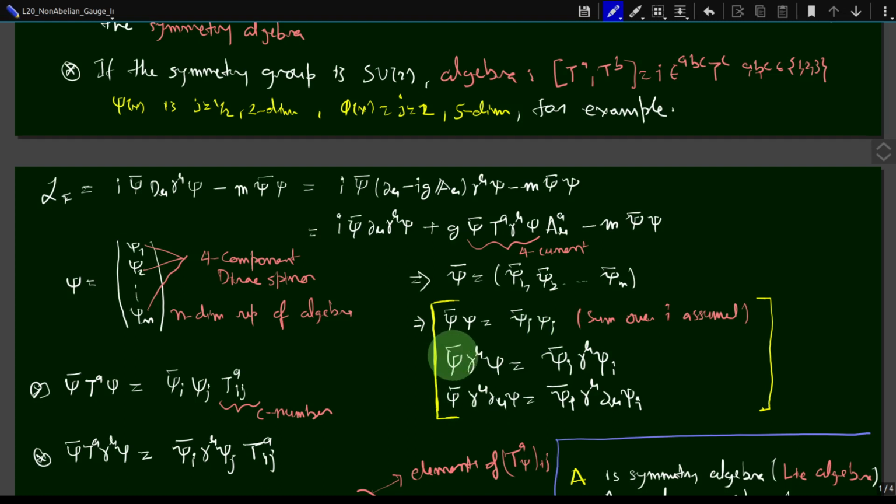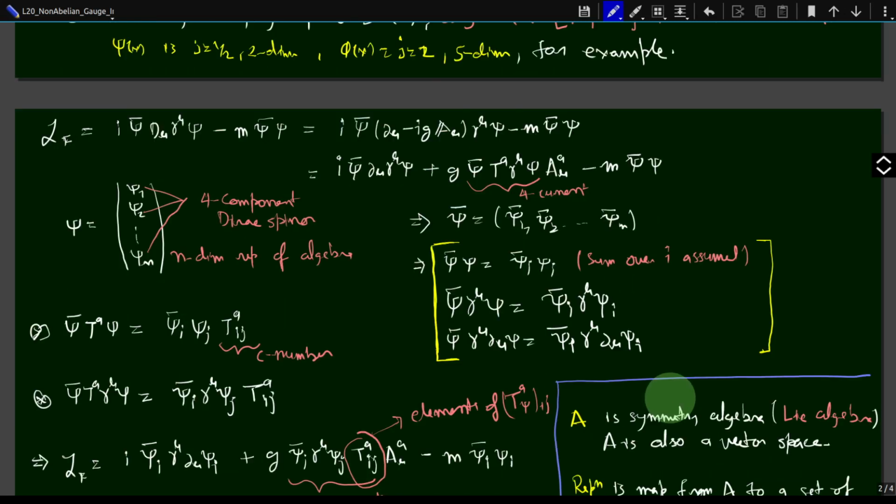Now if I write psi bar gamma mu psi, that is just psi bar I gamma mu psi I, again sum over I is assumed. Psi bar gamma mu del mu psi will be psi bar I gamma mu del mu psi I, in terms of the components of this field. One can write it like this, where the assumption is that repeated indices are summed.